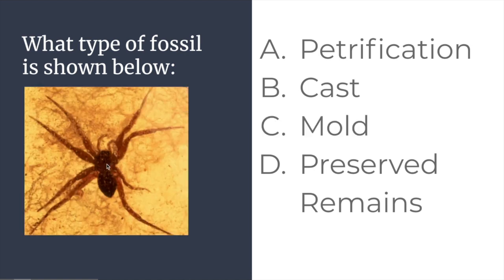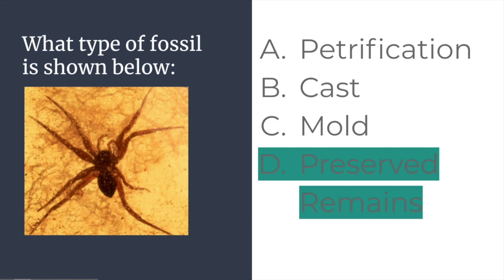Let's move on to the next question. Now I have a picture of what seems to be a spider, a whole spider that is trapped in a fossil. What type of fossil is it? Is it A, petrification? Is it a cast? Is it a mold? Or is it a preserved remain?